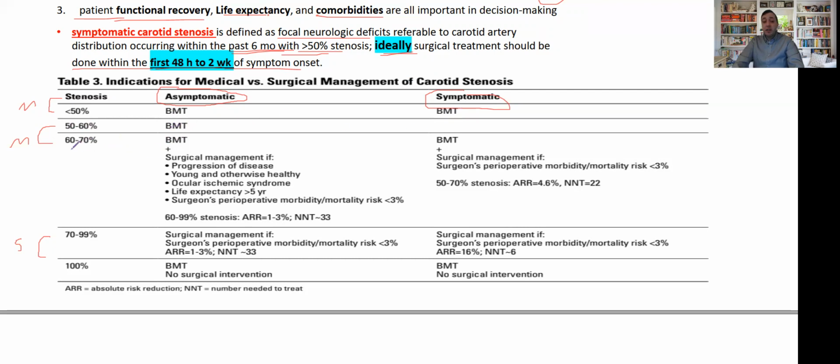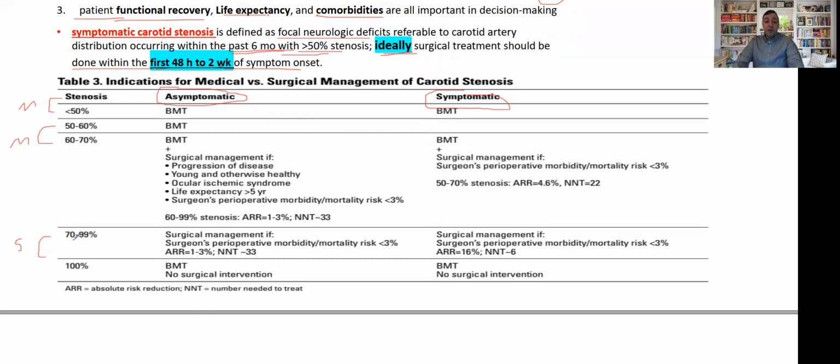If the stenosis is moderate, 60 to 70%, in an asymptomatic patient, it's best medical treatment and surgical management if there are prerequisites or criteria for choosing the patient for surgical treatment. As well, for moderate stenosis with a symptomatic patient, it's best medical therapy and surgical management if there are criteria for a surgical approach.